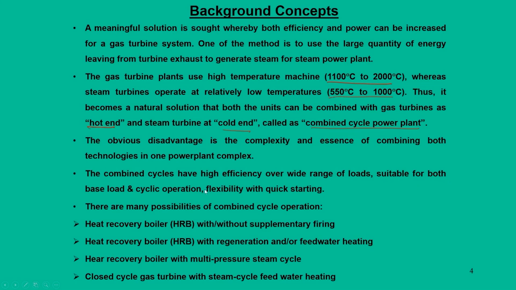They are suitable for both base loads and cyclic operations. They have flexibility with quick starting. So, in case the steam turbine does not work, necessary power can be achieved from gas turbines, and in some cases we have a peak load requirement, where both the units can work combinedly to meet the load requirement. So, these are some basic advantages.